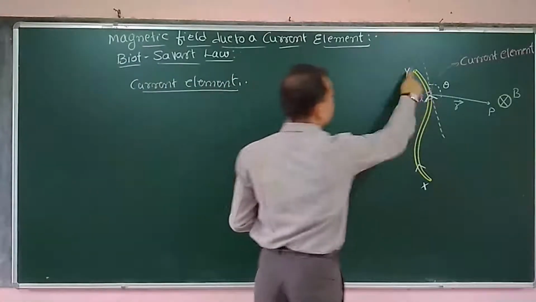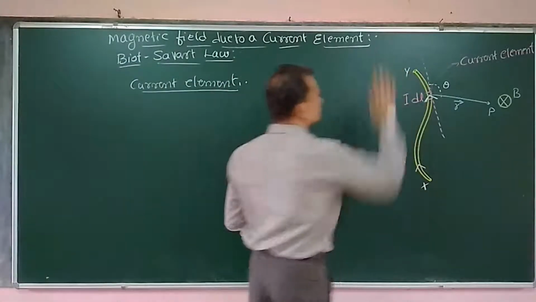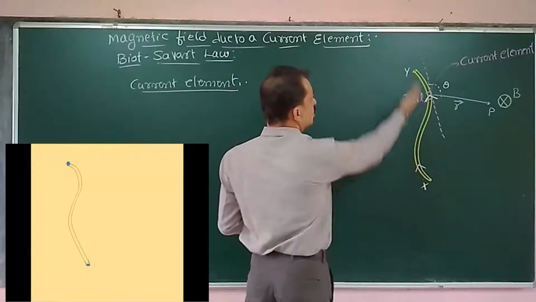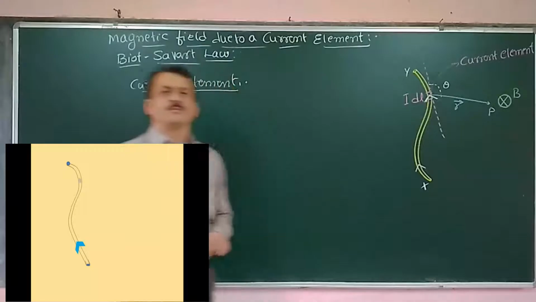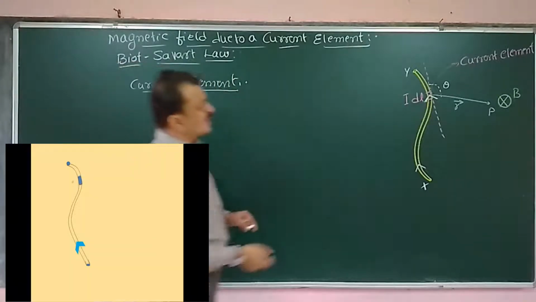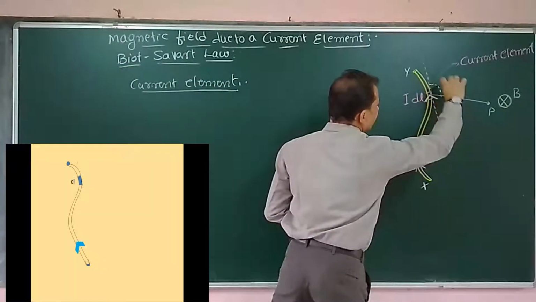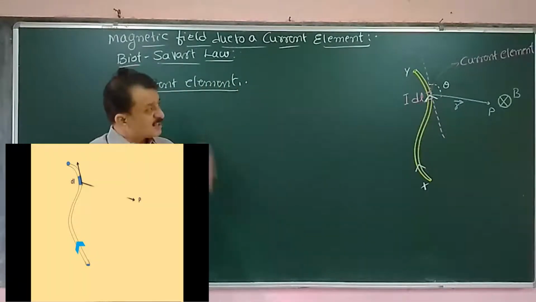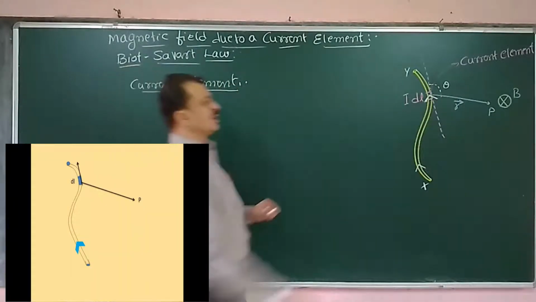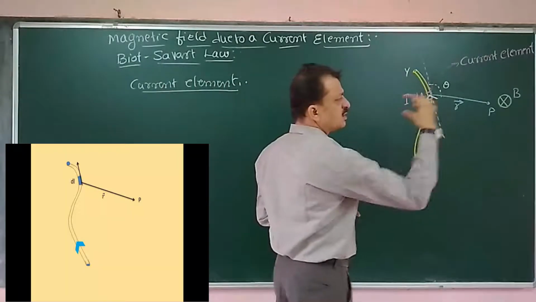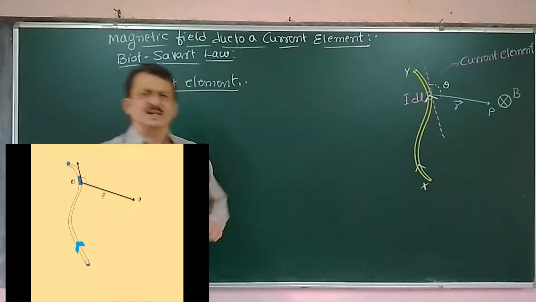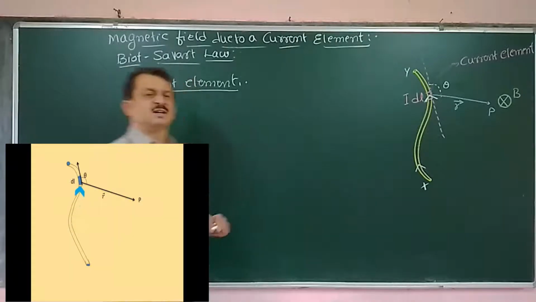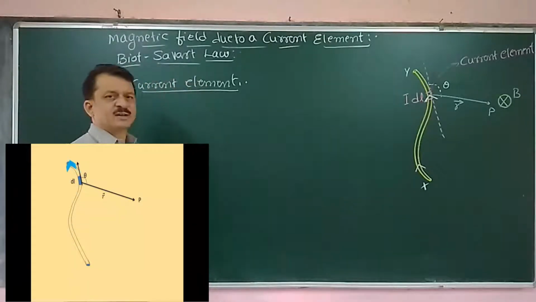Now, we have a conductor XY here. In that conductor, current is flowing from X to Y. If I consider a small portion of the conductor of length dl, that small portion of a conductor carrying electric current is called a current element.